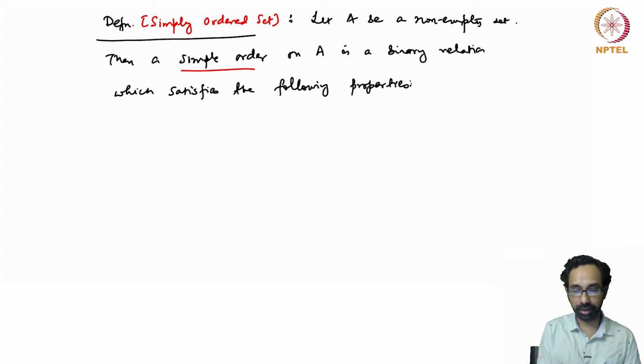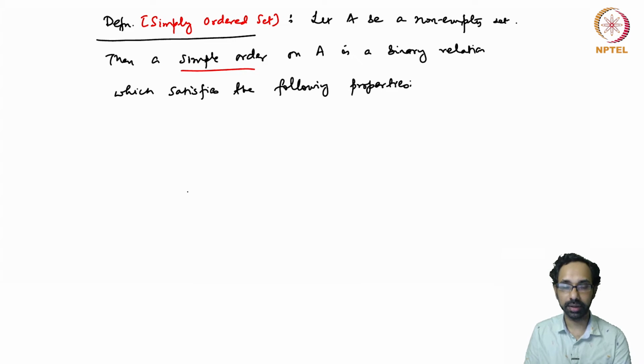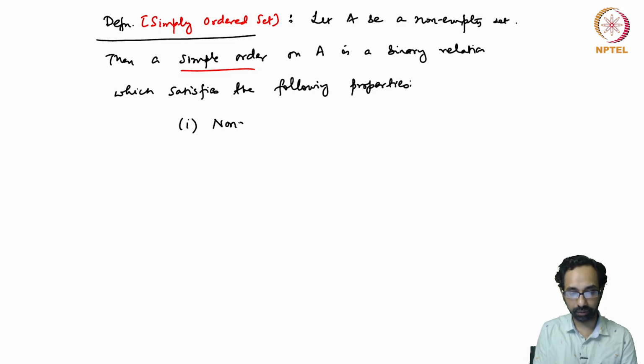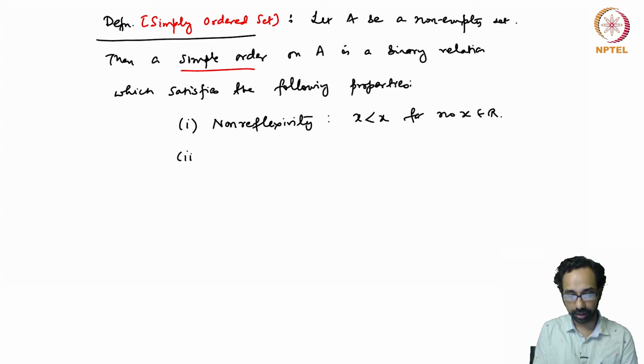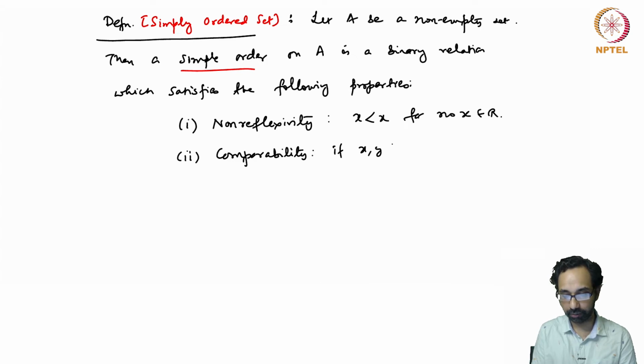And these are the same properties that we wrote down for the strictly less than relation on the real line. First was non-reflexivity, which says that x is less than x for no x in A. Second is comparability, which is that if x and y are points in A, x not equal to y, then either you have x less than y or y less than x.